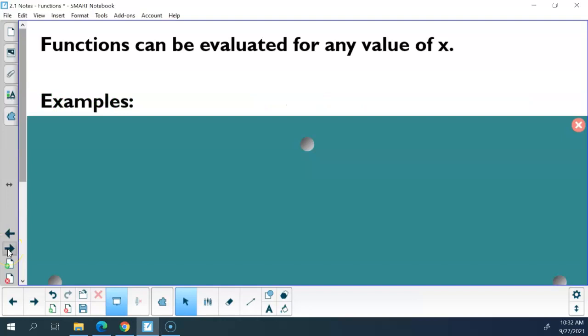So any function that we have, we can evaluate it at certain values of x. For instance, we have f of x equals some relation.